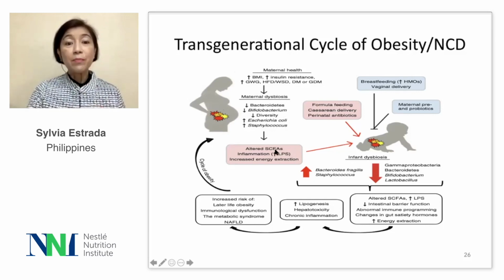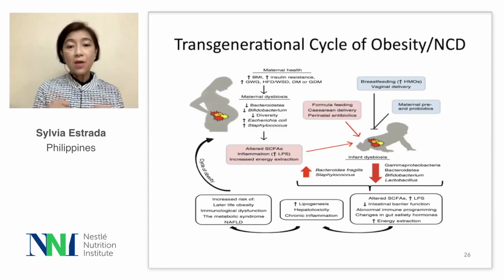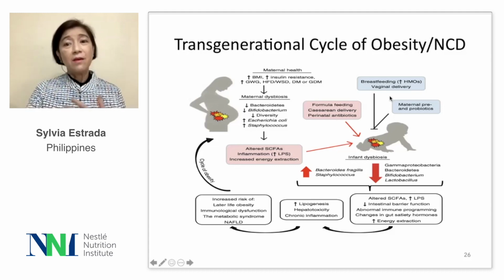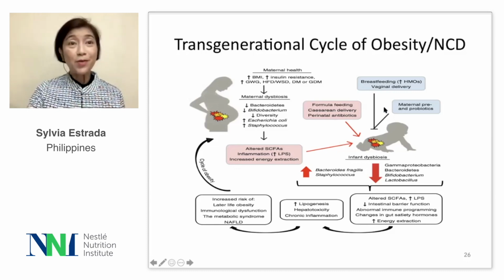This dysbiosis will be passed on to the infant, and this infant dysbiosis will put this infant at risk for all the inflammatory cytokines and all the lipogenesis, causing this infant to be already in a pre-morbid state for the non-communicable diseases. Add to that the environmental influences of formula feeding and probably antibiotic use.